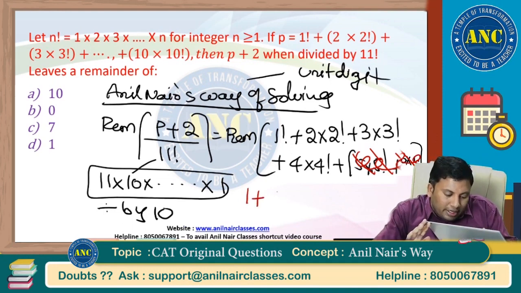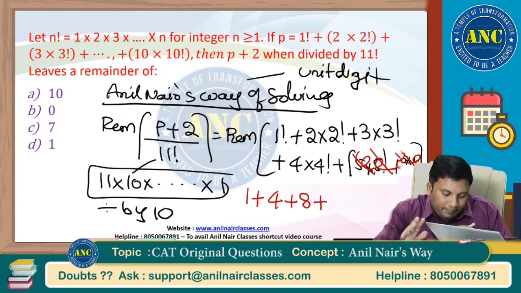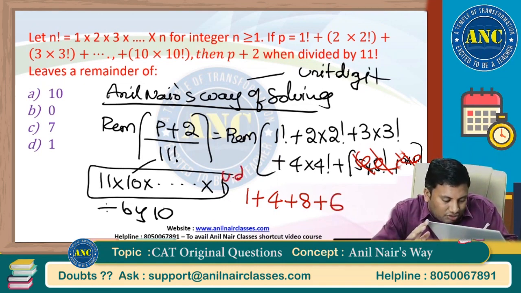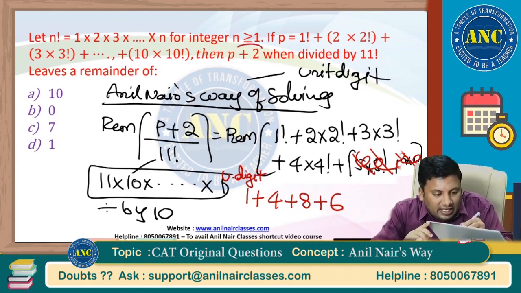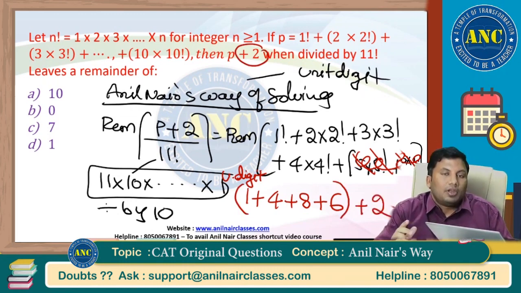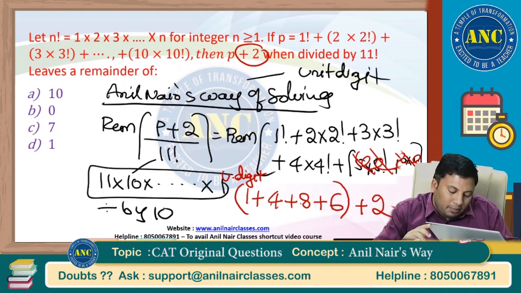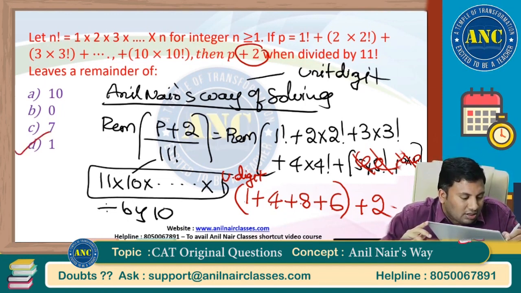So 1; 2 into 2 is 4; 3 factorial is 6, 6 into 3 is 18, unit digit 8; 4 factorial is 24, 24 into 4 is 96. These are nothing but the unit digits. Plus 2 is there. This is P plus 2. Am I right? 1 plus 4 is 5... 8 plus 4, 12. 12 plus 6, 18. 18 plus 2, 20. 20 plus 1, 21. 21 divided by 10, the unit digit is nothing but 1.